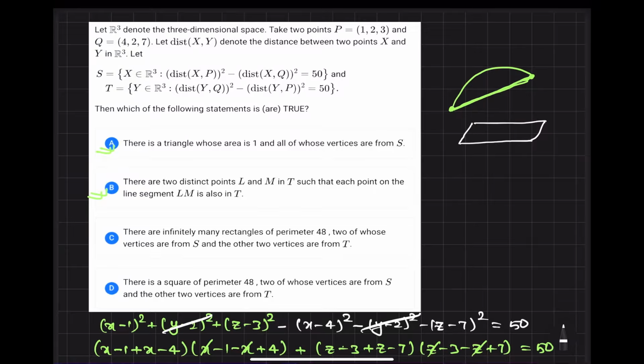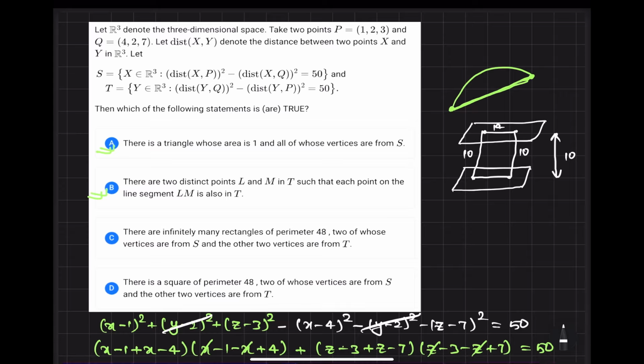So suppose that we have plane 1 and we have plane 2, and the distance between these two planes is 10 units. And we want a rectangle whose two vertices are from this and 2 from this. So don't you think we can create a rectangle in such a way that, suppose this is 10, this is 10 and this is 20, so perimeter 28?